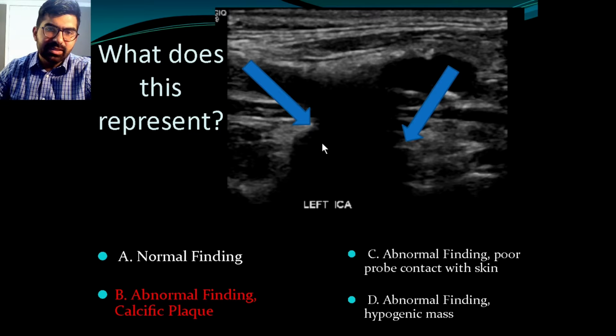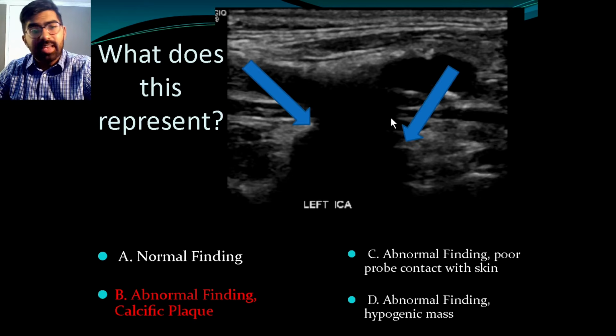Again, unlikely in this location, but why is it in a cone-like fashion and goes right through the vessel? Wouldn't make sense. And so just by even some test taking stuff, it is calcific plaque, and this is called acoustic shadowing. The ultrasound waves do not penetrate the calcification, and therefore they're reflected back, and what that tells the computer is that there's nothing beneath or deep to that calcific location.